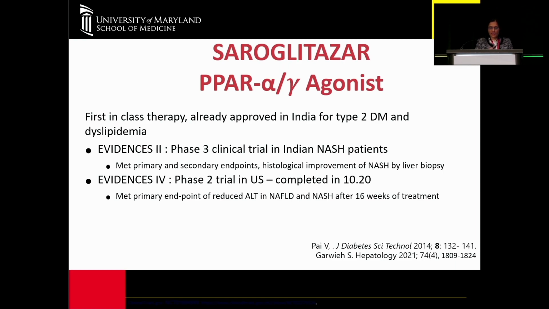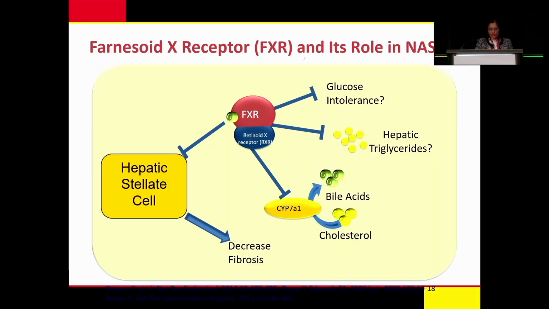It's already approved in India for type 2 diabetes and dyslipidemia. And these are 2 important studies. The EVIDENCES II, which is a phase 3 trial completed in India, met primary and secondary endpoints. And the EVIDENCES IV trial, which was completed in this country and just published in Hepatology, also met its primary endpoint, and so a phase 3 trial is planned.